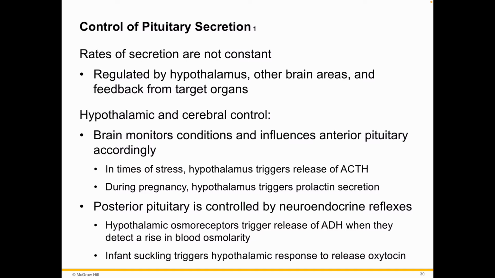In times of stress, for example, the hypothalamus is going to release ACTH, or say pregnancy, or also breastfeeding, triggering prolactin secretion. The posterior pituitary is controlled by the neuroendocrine reflex. What that means is there are osmoreceptors that are going to trigger the release of antidiuretic hormone whenever we see that the blood might have too much, say, sugars or salt in it, or the pressure's too low.